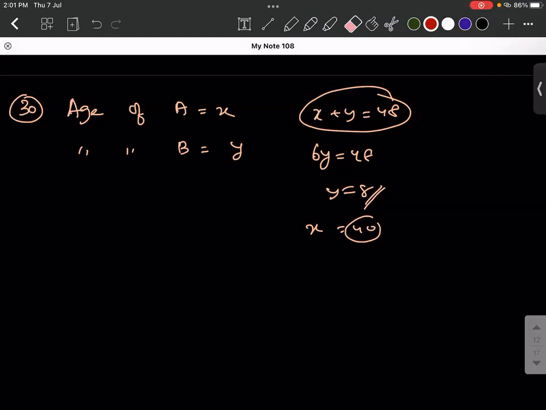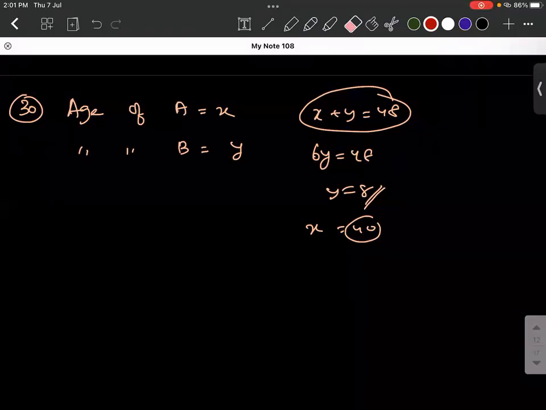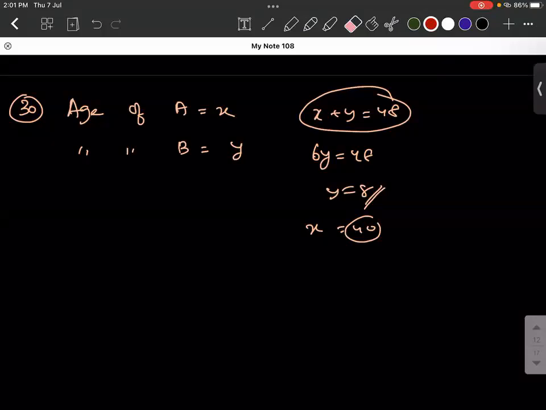So some X amount was invested at 3% per annum and the remaining 60,000 minus X was invested at 4% per annum. The total interest received after 1 year is rupees 2,200. How much money was invested at each rate? So find X and 60,000 minus X.